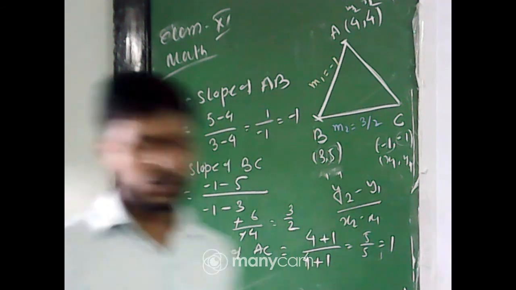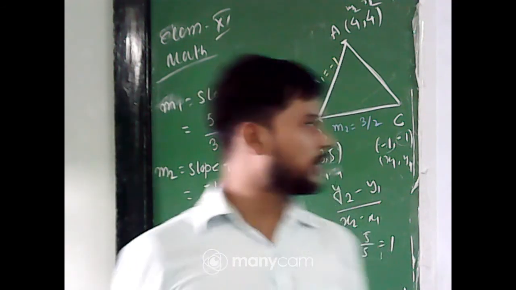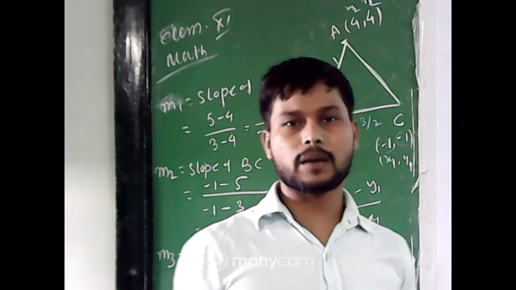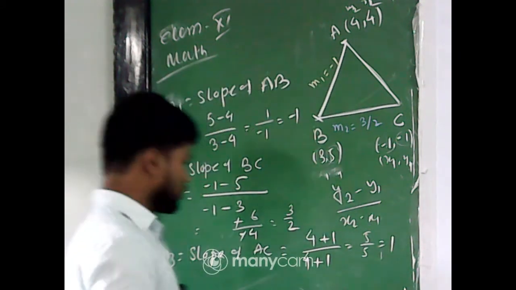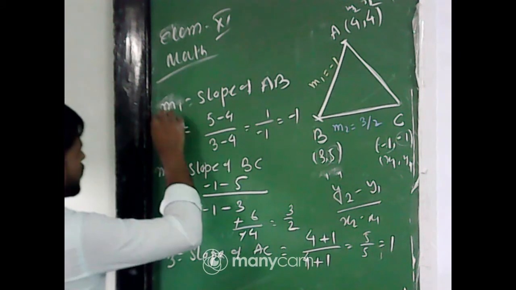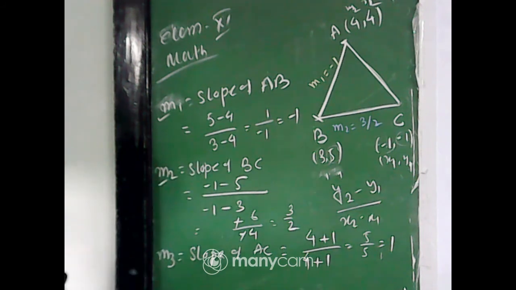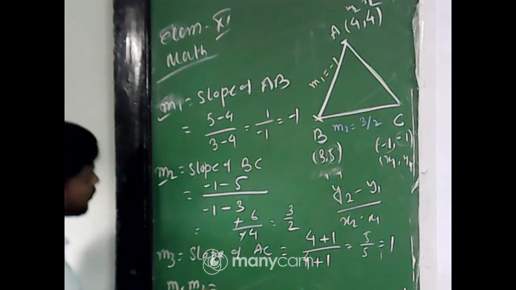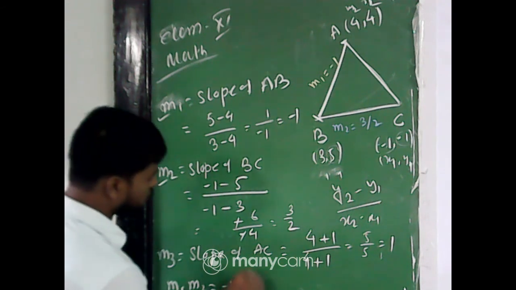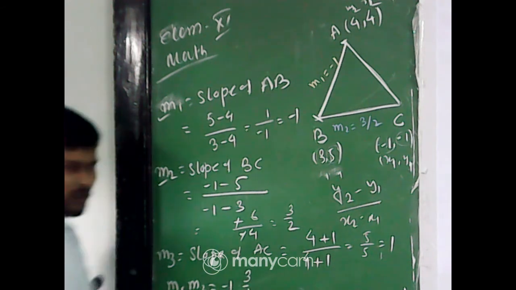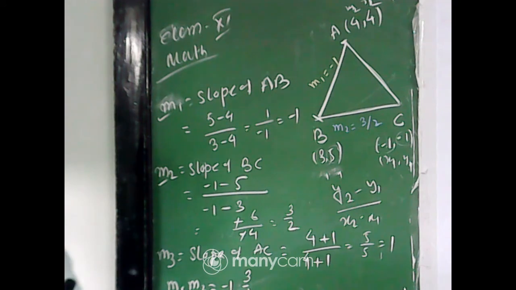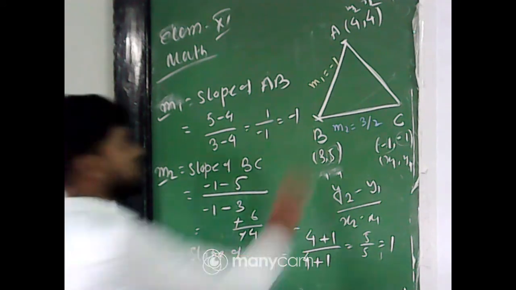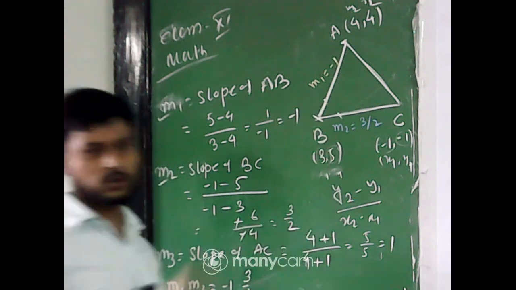If the product of their slopes is equal to minus 1, then we can say that the lines are perpendicular to each other. So first find m1 into m2, which is minus 1 into 3 by 2. Obviously this is not equal to minus 1. So these two lines are not perpendicular to each other.